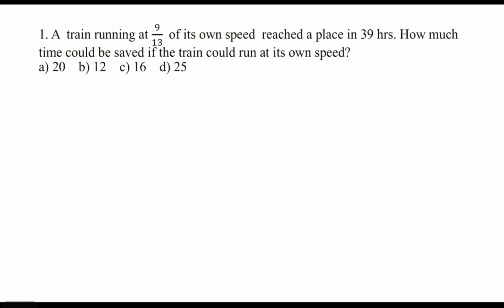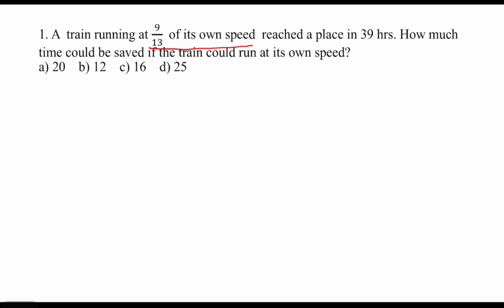So in that, our first problem goes like this. A train running at 9:13 of its own speed reached a place in 39 hours. How much time could be saved if the train could run at its own speed? Means there is a train which is running at 9:13 of its own speed.